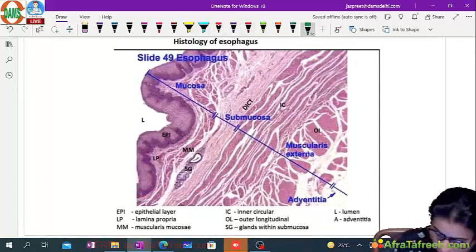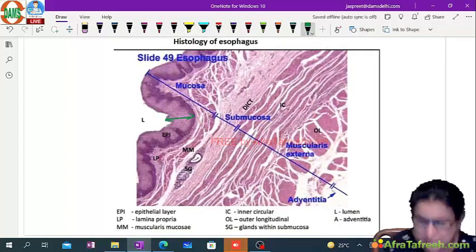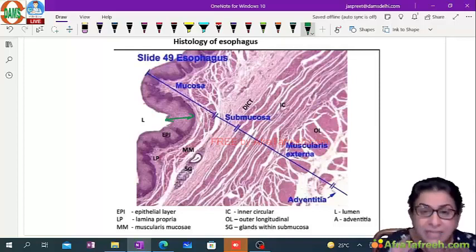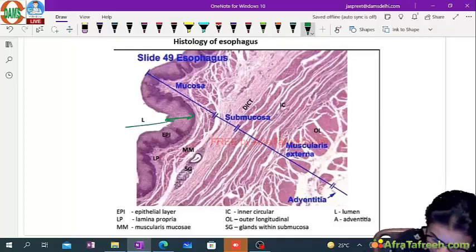In the esophagus, what I have marked in green is the lining epithelium. What is the epithelium of esophagus?